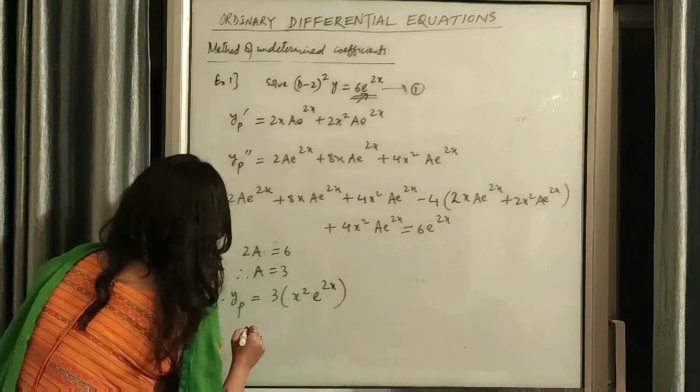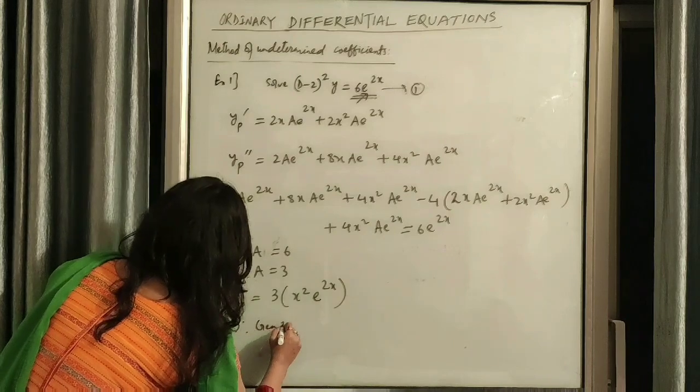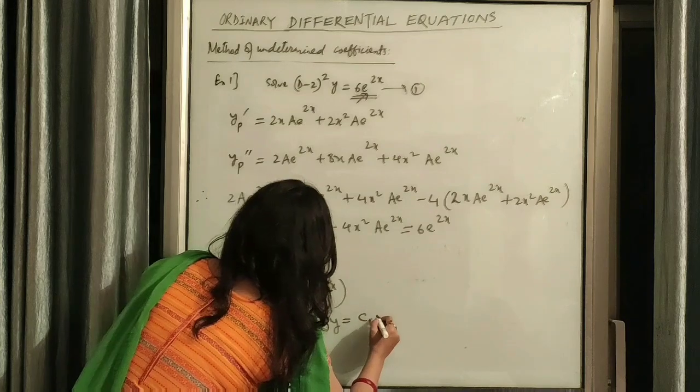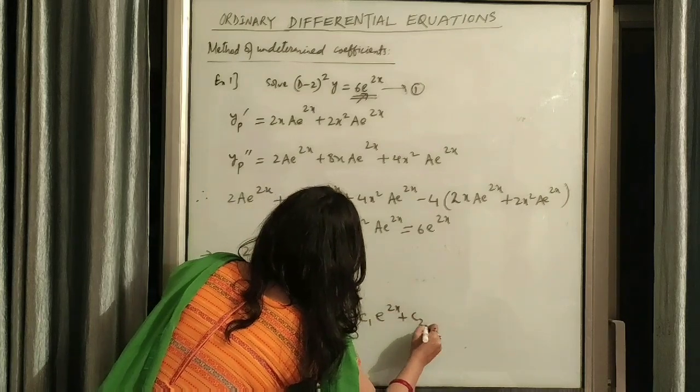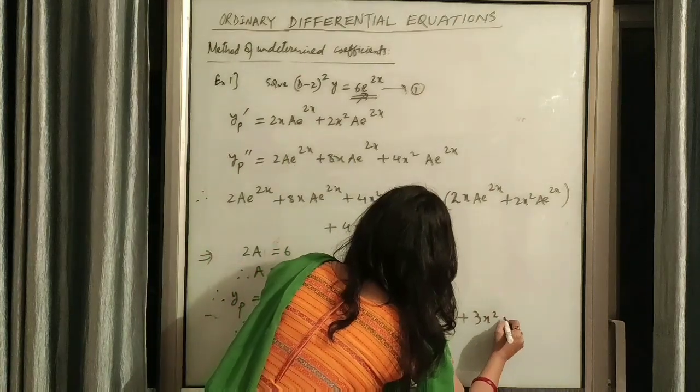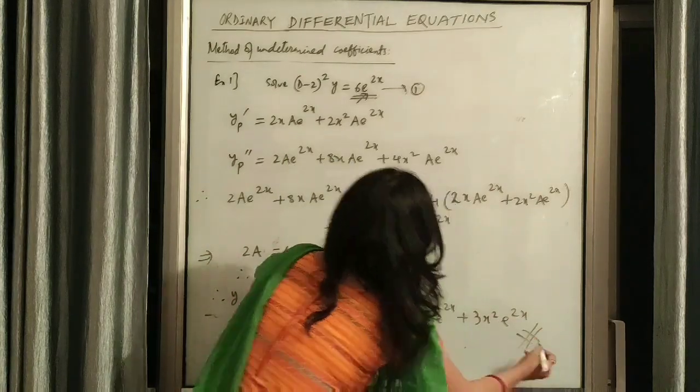Therefore, the general solution is y is equal to c1 e^(2x) plus c2 x e^(2x) plus 3x² e^(2x). Hence the solution to the problem.